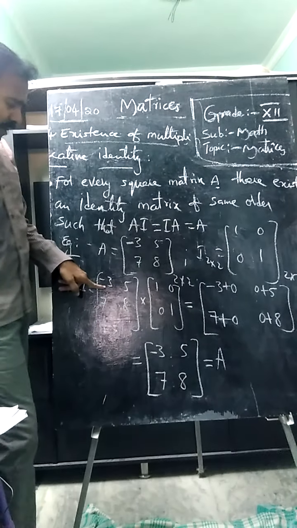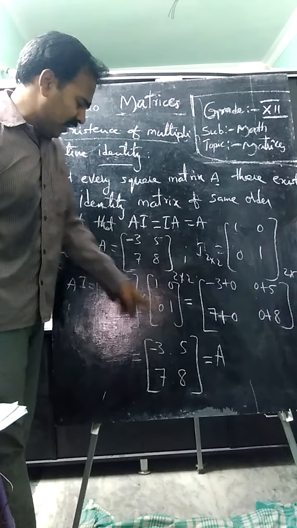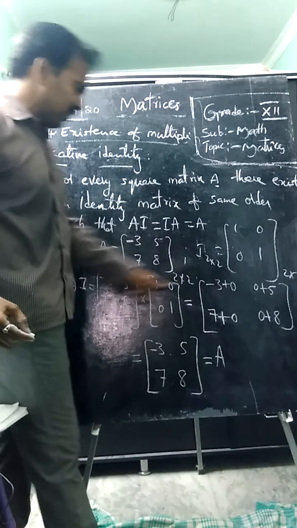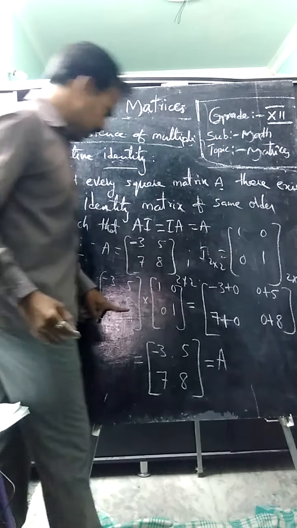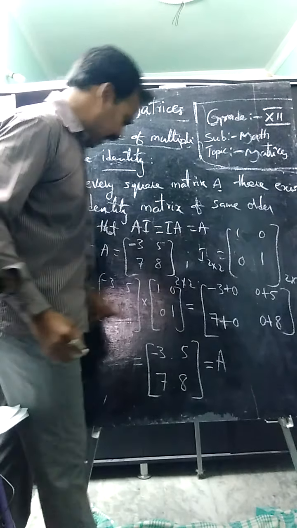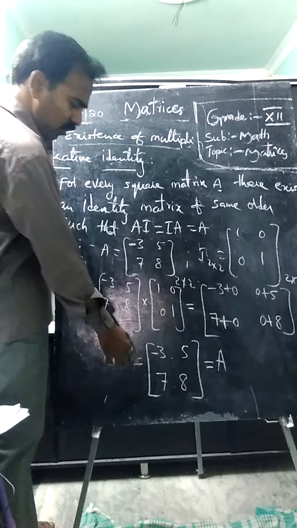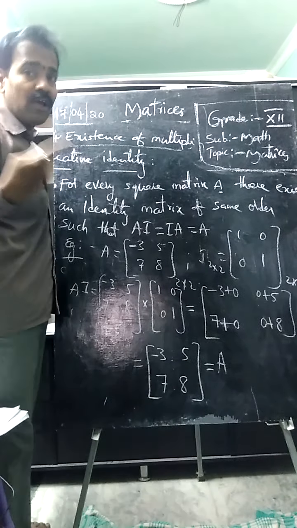Multiplying row by column: minus 3 into 1 plus 5 into 0, then 5 into 1 plus 0, 7 ones are 7 plus 0, and 0 plus 8. So we have applied row by column as per the property of multiplication.